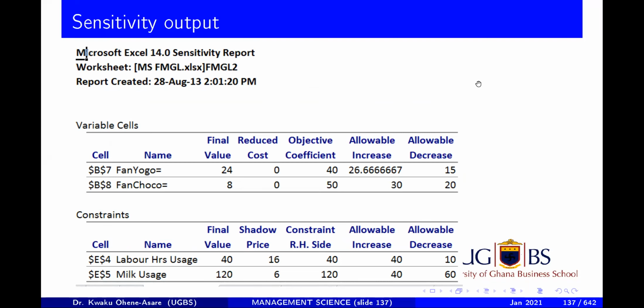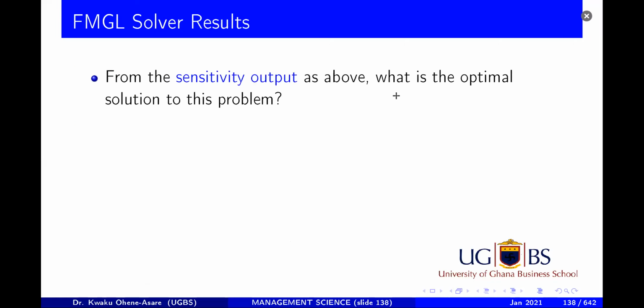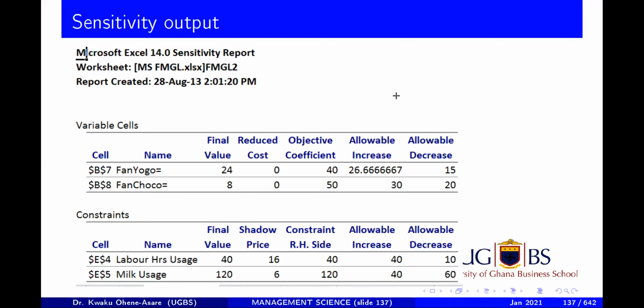Question number 1, you want to write it down. First question: from the sensitivity report, what is the optimal solution to this problem? Just looking at the results here, which area or which column can give us that answer?